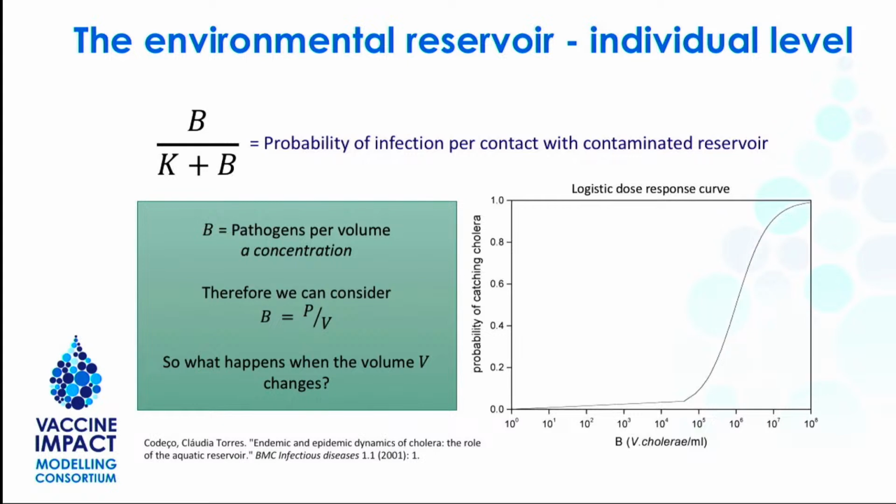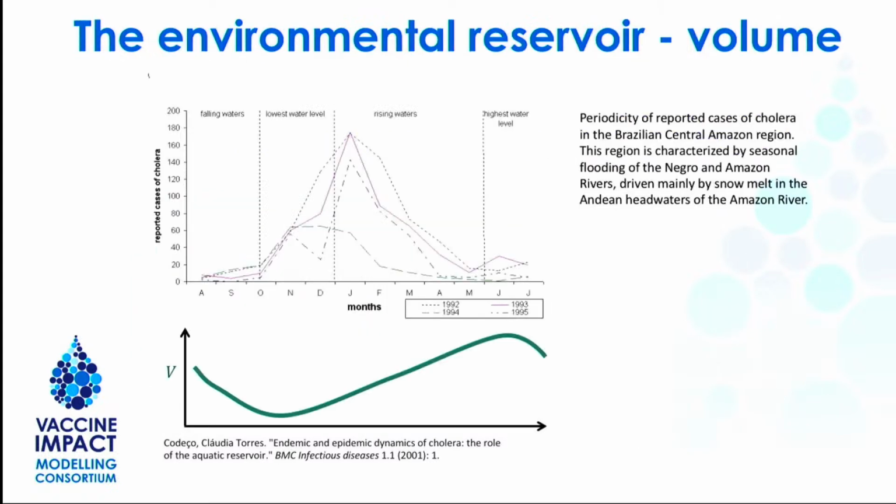So what that means is, when we think about the volume of our reservoir, if our volume is small, but we've got the same number of pathogens in the environment, the concentration that you'd experience if you came into contact with that contaminated environment is higher.